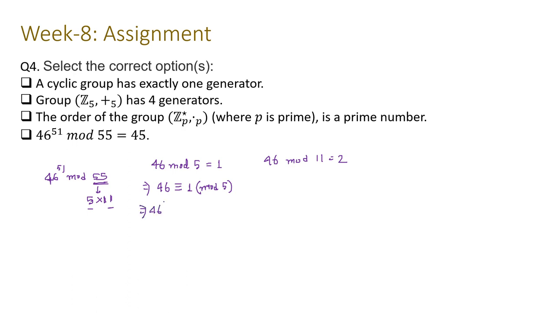And now you can raise both sides to the power 51, mod 5. So 46 to the power 51 is 1 mod 5. Is this part clear? The left hand side.